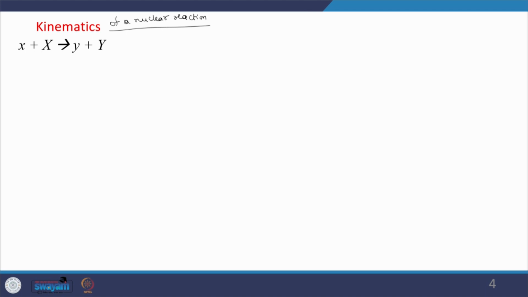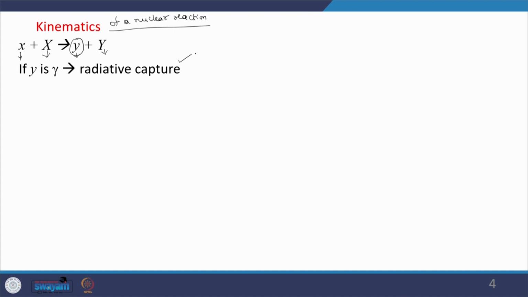All right. So, consider small x as the projectile and capital X as the target material, small y as the ejectile and capital Y as the product nucleus. Now, if this ejectile is a gamma ray, then we call this reaction a radiative capture reaction.